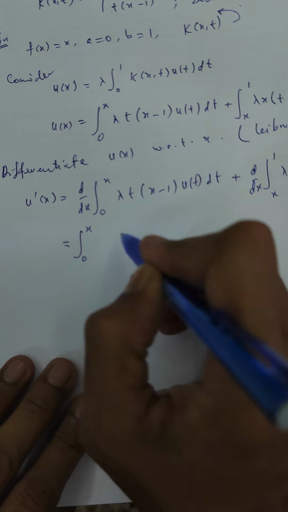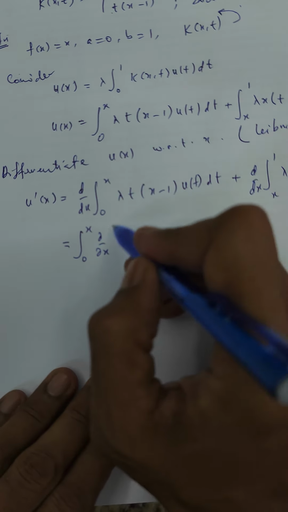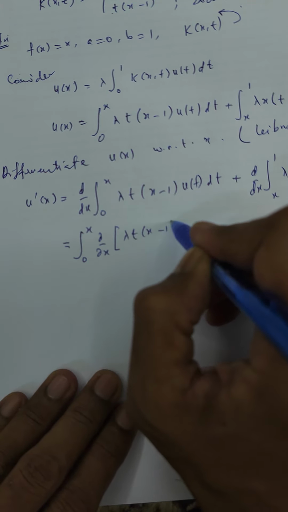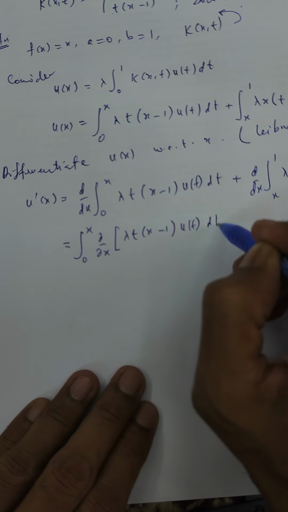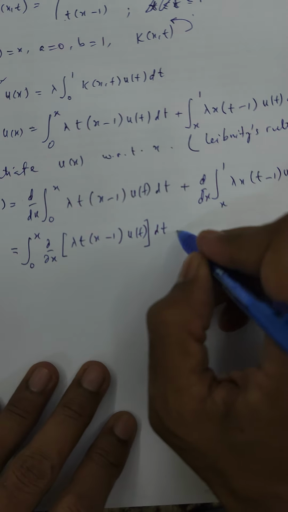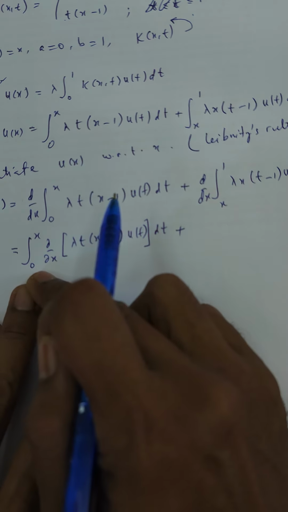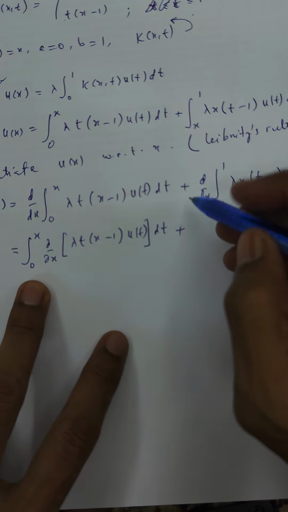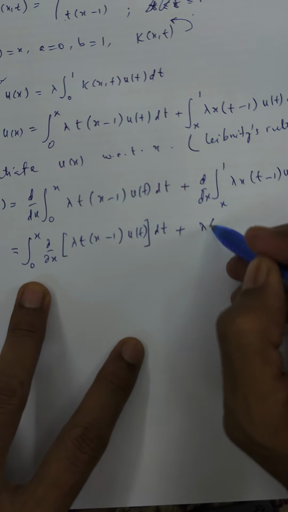We have 0 to x, and we differentiate with respect to x, the partial with respect to x, of lambda t (x minus 1) u(t) dt, and then plus, now this is the Leibniz rule, we evaluate at the lower bound as well as the upper bound. So we have the lower limit and upper limit. So we have lambda x.